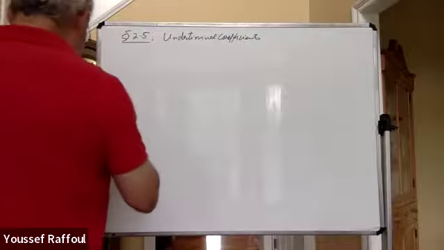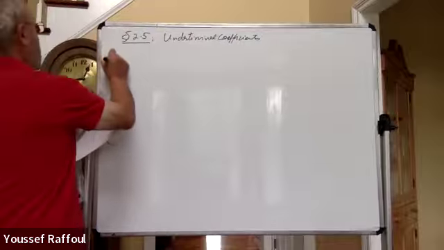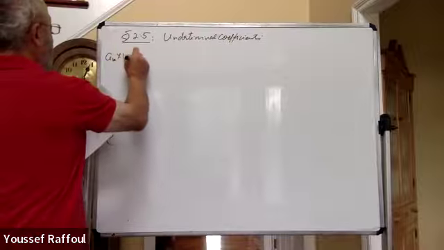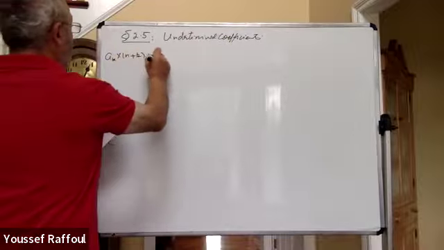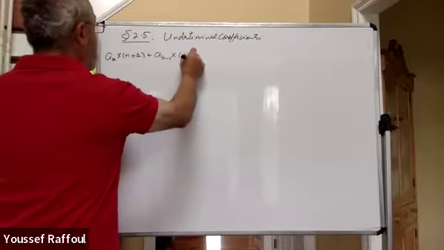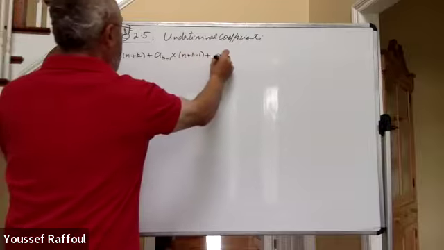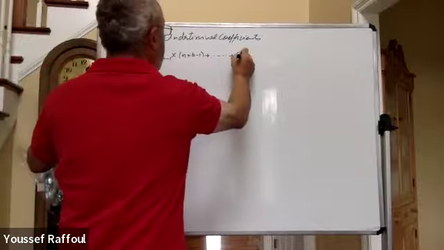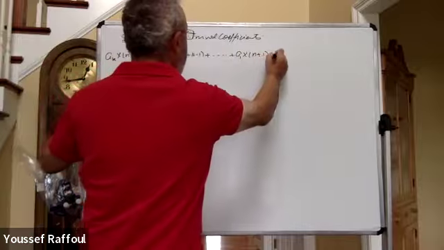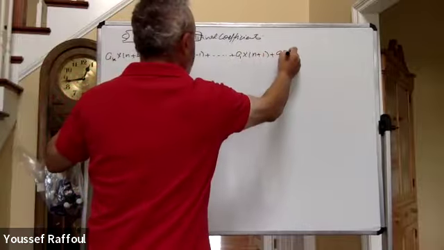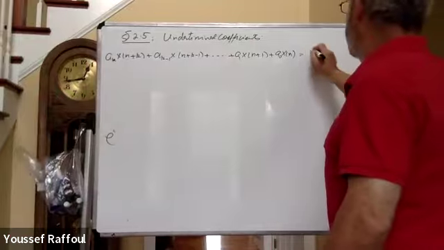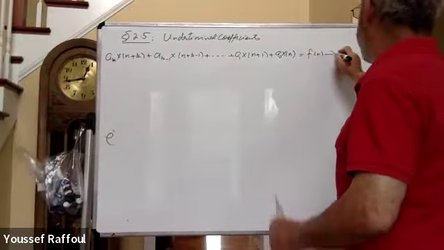So basically what we're going to look at is a_k x_{n+k} plus a_{k-1} x_{n+k-1} plus ... plus a_1 x_{n+1} plus a_0 x_n equal to some function f_n.